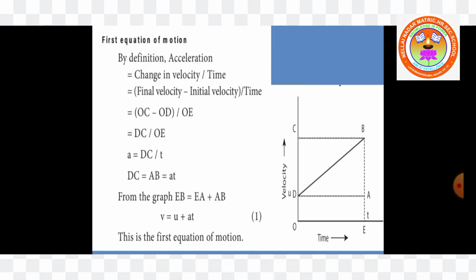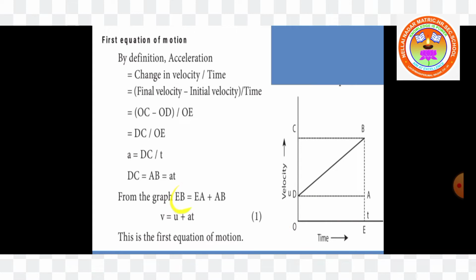From the graph, what is the meaning of EB? EB is also equal to the final velocity. So EB is equal to EA plus AB. Here EA is equal to OD.